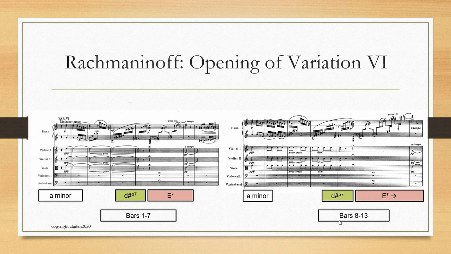That is, vii half-diminished seventh of V, bars 4 and 5, and bars 11 and 12. In the Haydn, the half-diminished chord was used to assist in returning to the tonic for the next variation.